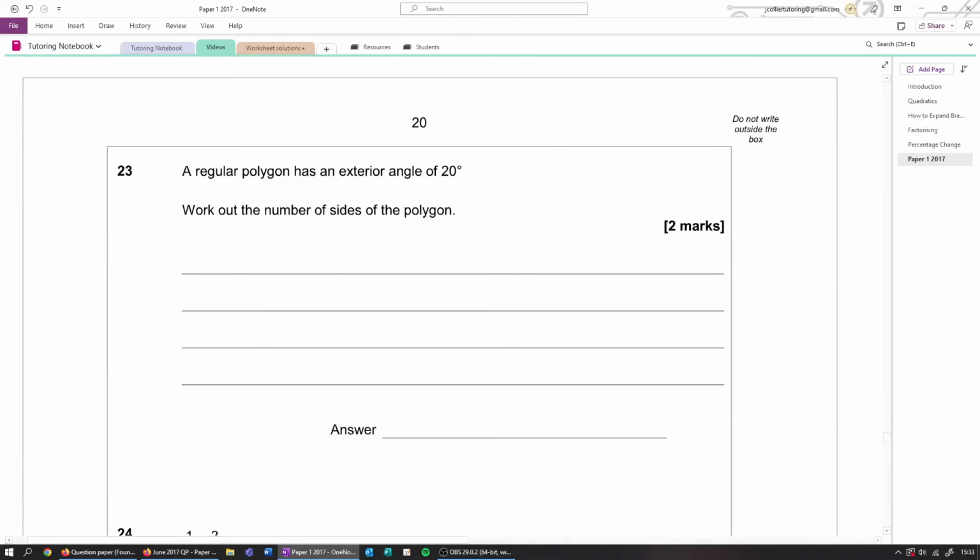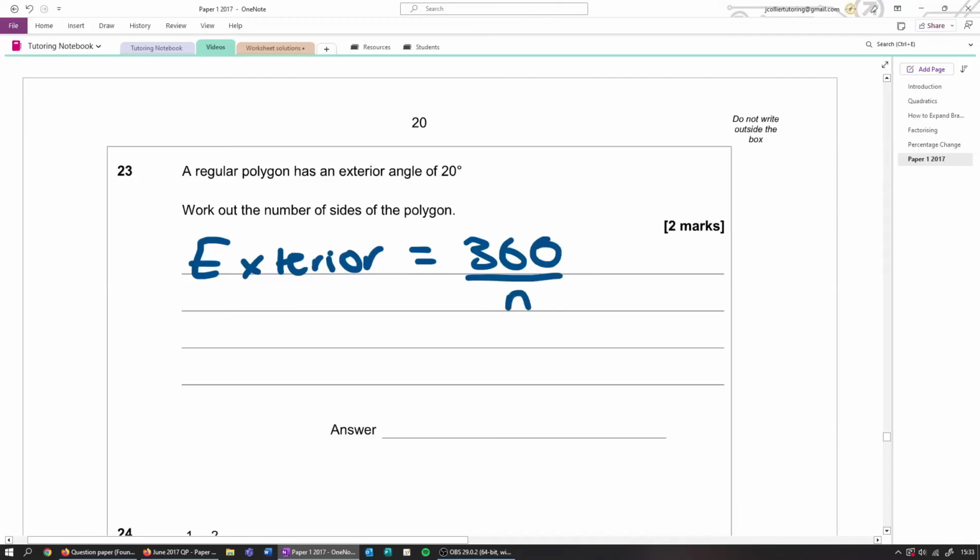Okay, so a regular polygon has an exterior angle of 20 degrees. Work out the number of sides of the polygon. So there's this formula here, which is the exterior angle is equal to 360 divided by the number of sides. This is a formula you should have been taught in class and that you should try to remember. But all we need to do to solve this is say the exterior angle is equal to 360 divided by n.